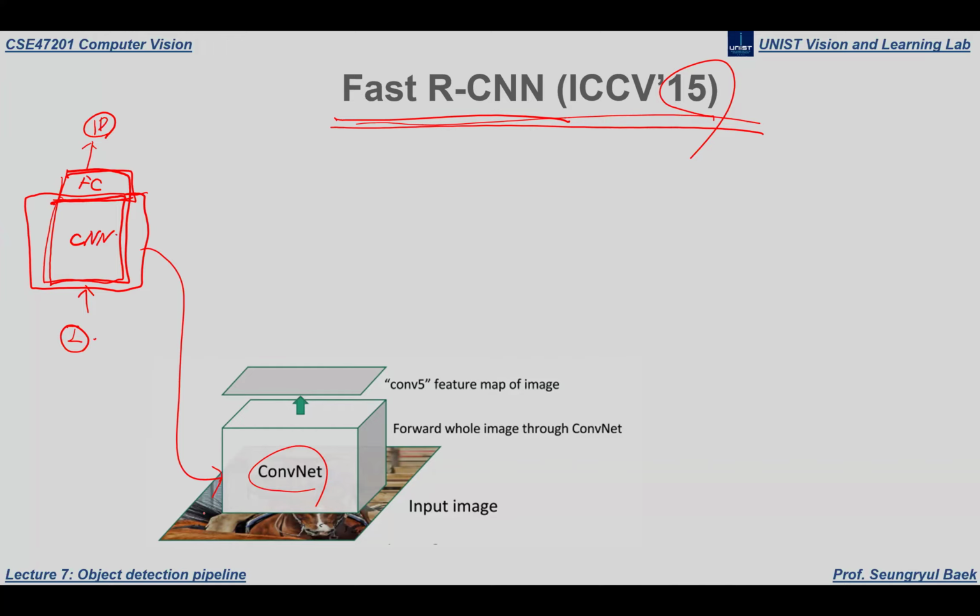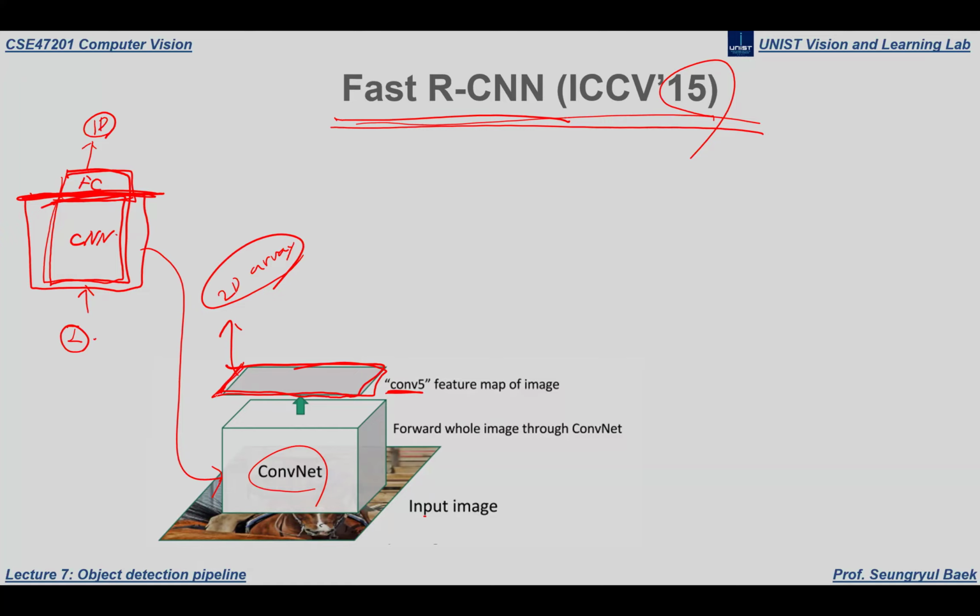Then they have a two-dimensional feature array. This denotes the conv5 feature map of the AlexNet, the fifth layer, which is just before the fully connected layer. So you get a two-dimensional array from the entire image.